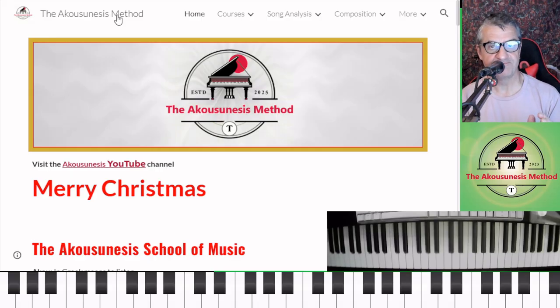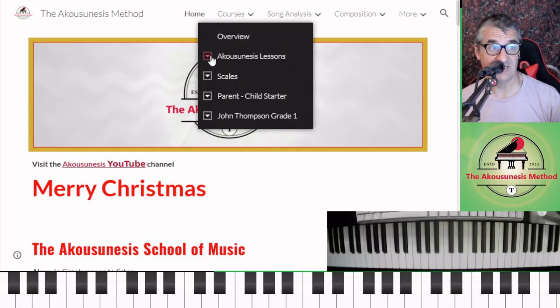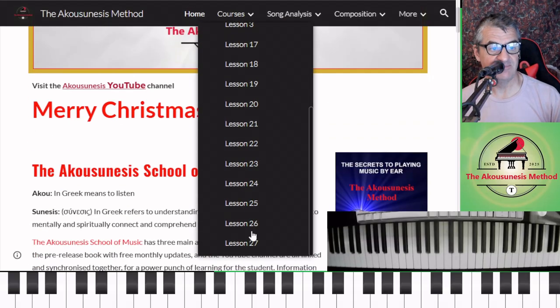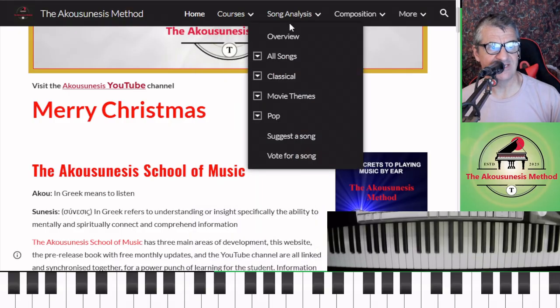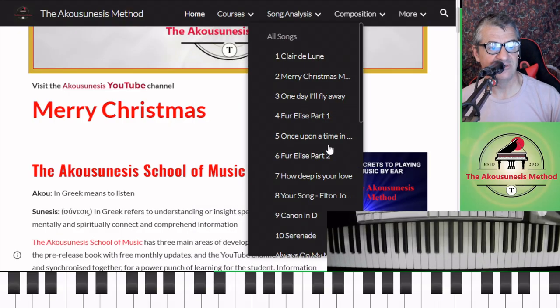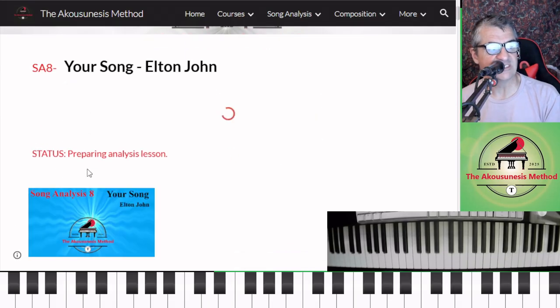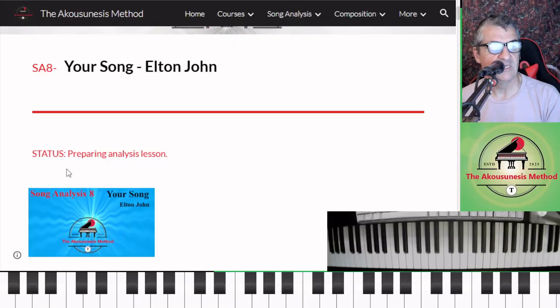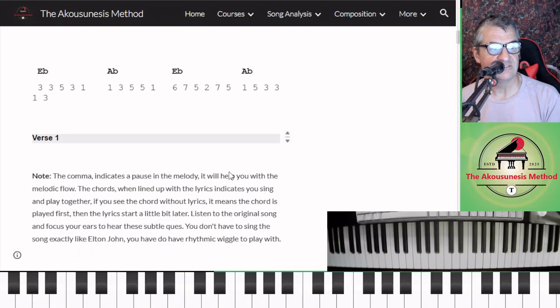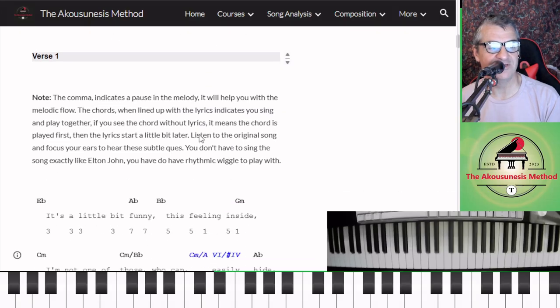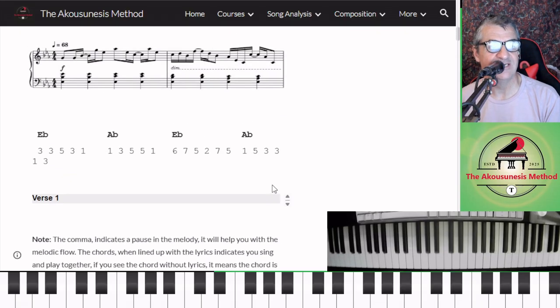I don't know what the next lesson is going to be, but I had it in my head the other day. I should have written it down. When you see a lesson in development, or even a song, and you see the status "preparing lesson", it just means it could be in any state of development and could be wrong.